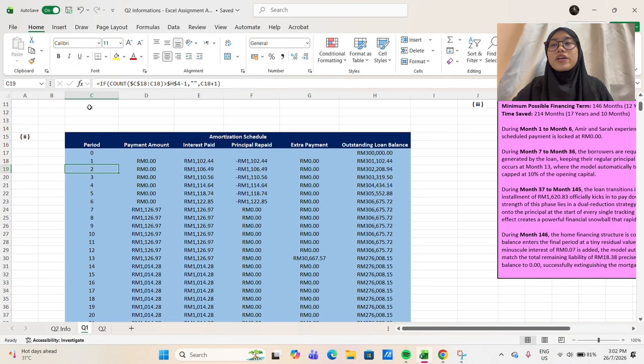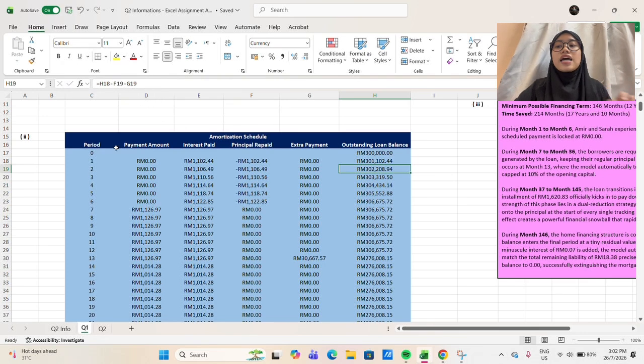So for the period column, I use this formula, and for the payment column, I use this formula. For the interest paid, I use this formula. For principal repaid, I use this formula, and for the outstanding loan balance, I use this formula.